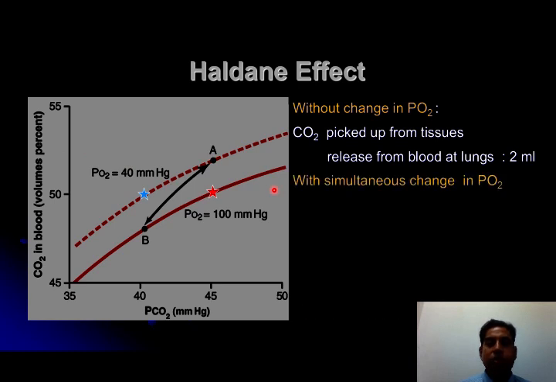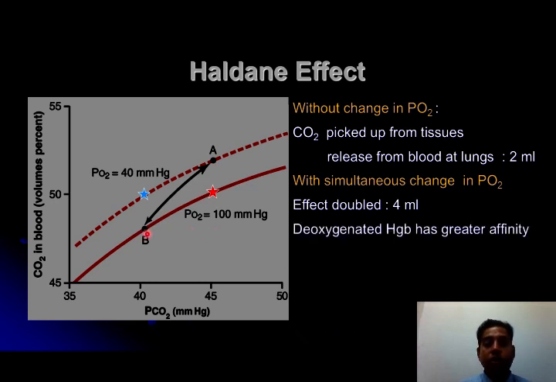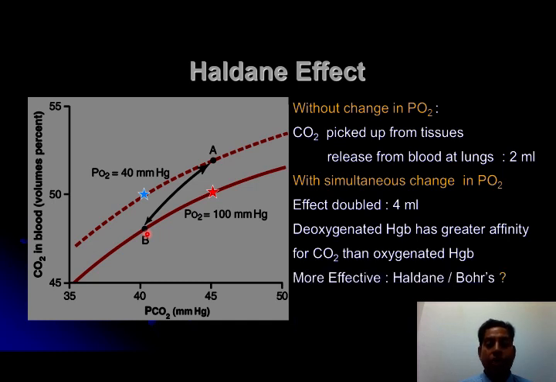But in the presence of a change in the partial pressure of oxygen as well, the effect is doubled. So it falls from 52 to 42, that is 4 ml. This is because the deoxygenated hemoglobin has greater affinity for carbon dioxide than the oxygenated hemoglobin.